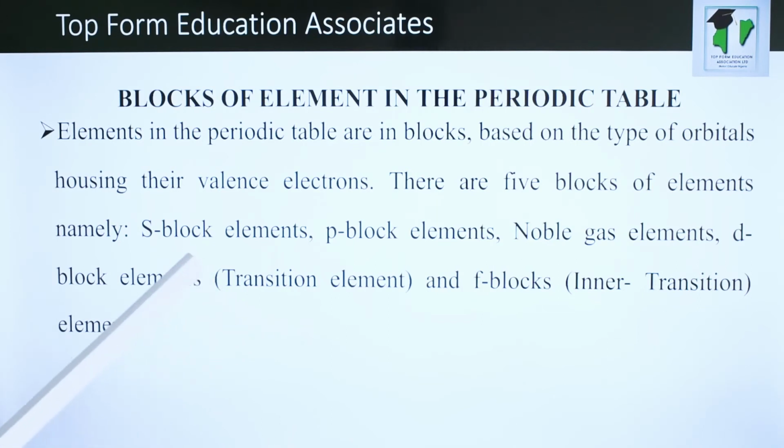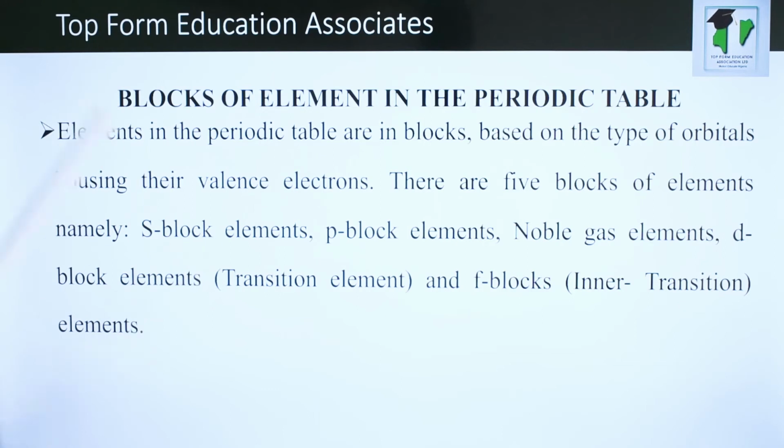Now, the S block elements are those elements that are in groups 1 and 2, P block elements are in groups 3 to 7. Then the D block elements are elements that are in between the S and P block elements, and we call them transition elements.